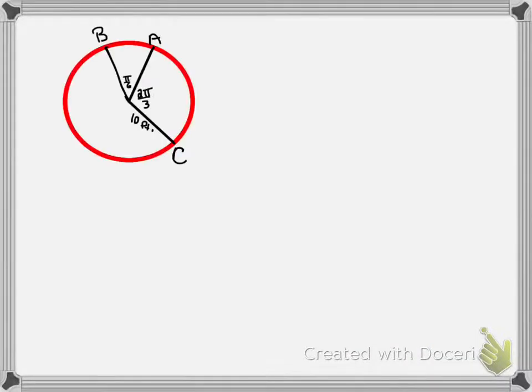So here's a problem where they give you angles in radians, and they ask you to determine the length of arc CAB.